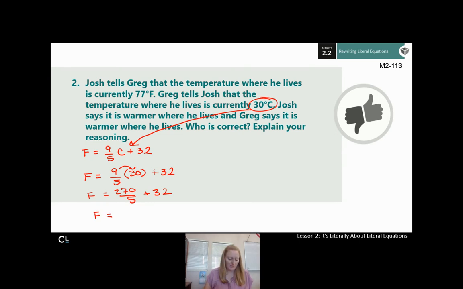So 270 divided by 5 gives us 54. And of course, last but not least, we have to add on that 32. So it looks like it's 86 degrees Fahrenheit where Greg is, isn't it? So it's 77 degrees Fahrenheit where Josh is, but it's 86 degrees Fahrenheit where Greg is. Sure enough, Greg is correct.